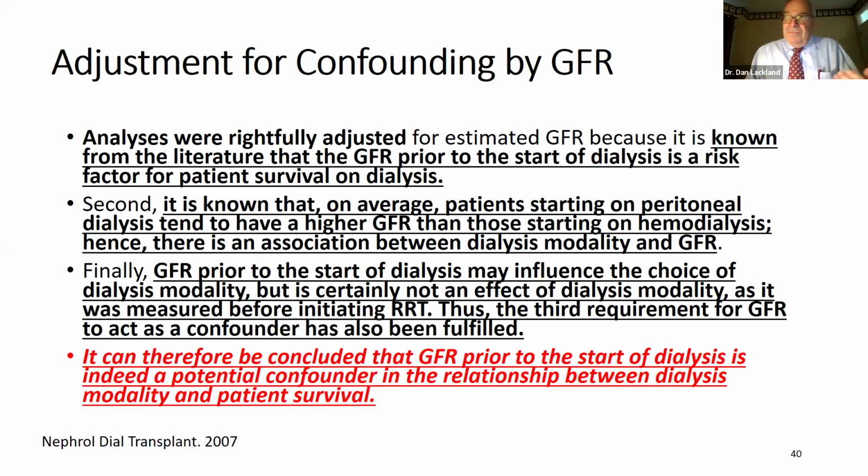I know many of you are not overly familiar with dialysis, like I am, but we should be able to go through this logic, identify GFR as a confounder, and appropriately adjust for it.